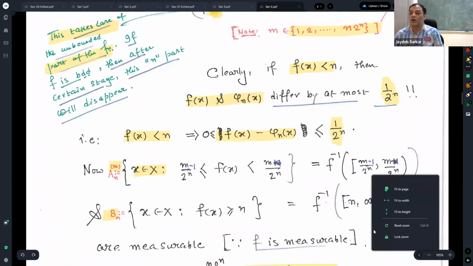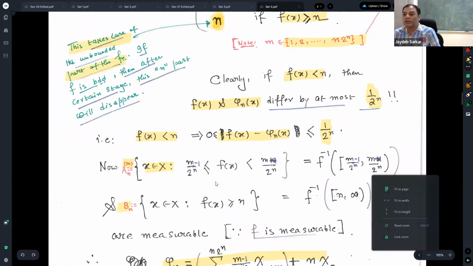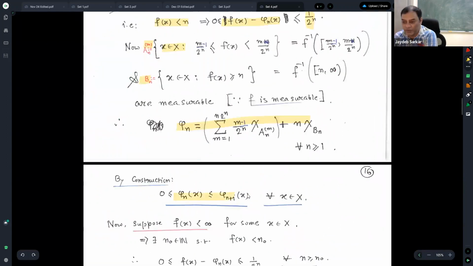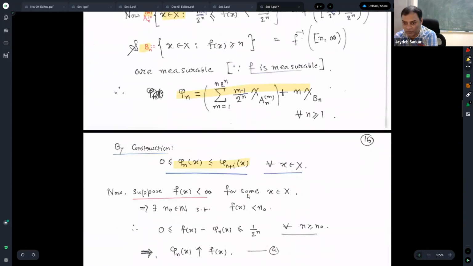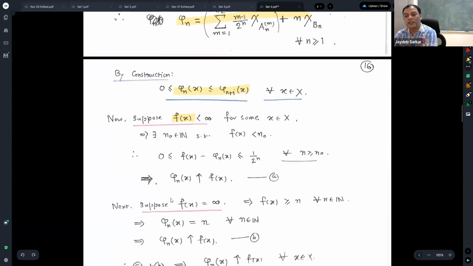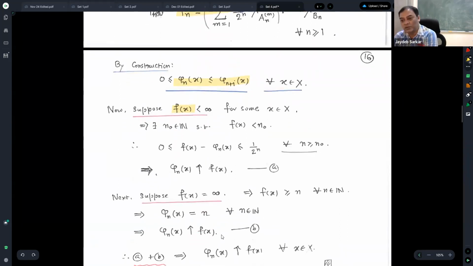All right. Once you have this, then by construction, your phi_n is going to be increasing. Number one. And then you look at the pointwise behavior. So now you take x and think of f(x) as a finite number. I'm going to prove that if f(x) is finite, then phi_n(x) will converge to f(x). And even if f(x) is infinite, phi_n(x) will still converge to f(x), monotonically.